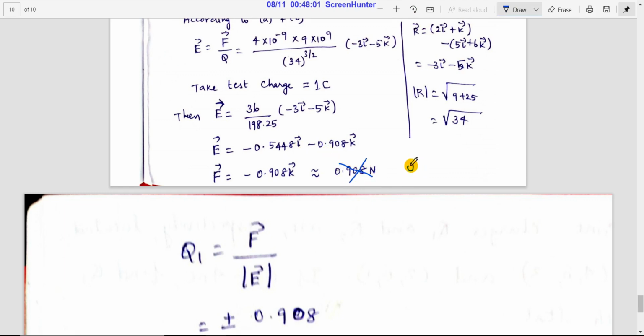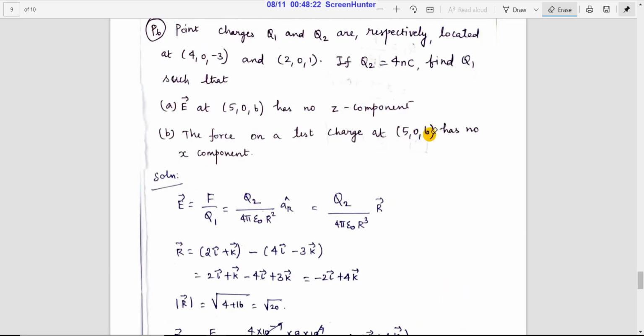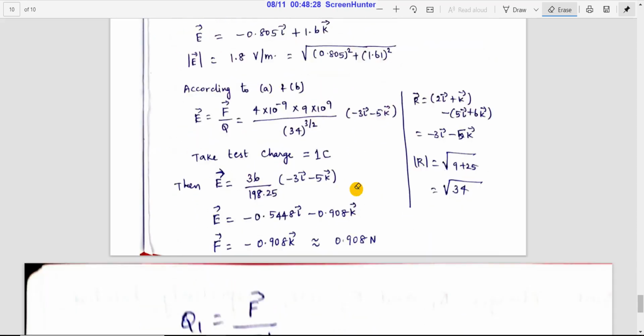This is 0.5. Sorry, this is the value. Yeah, it is correct only, because we are only going to take the force value. Then my force value is going to be only the z-axis component, because my force value doesn't have x-axis component, because I have taken this as a test charge.